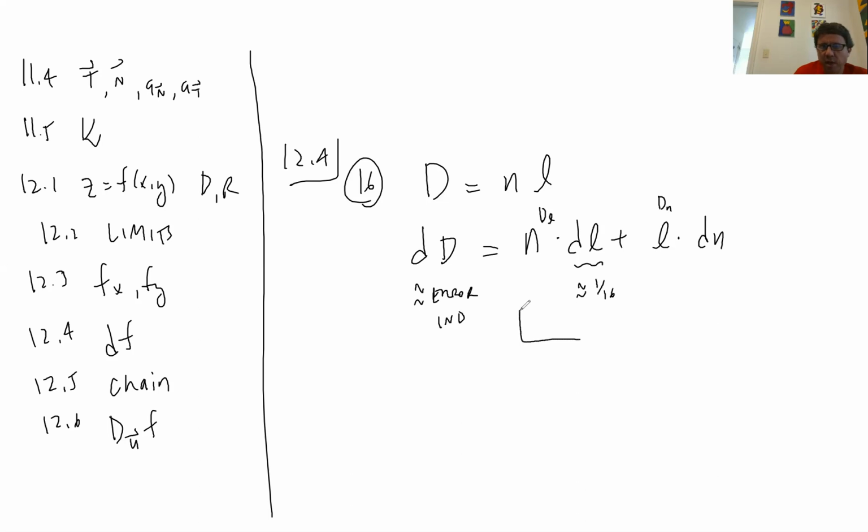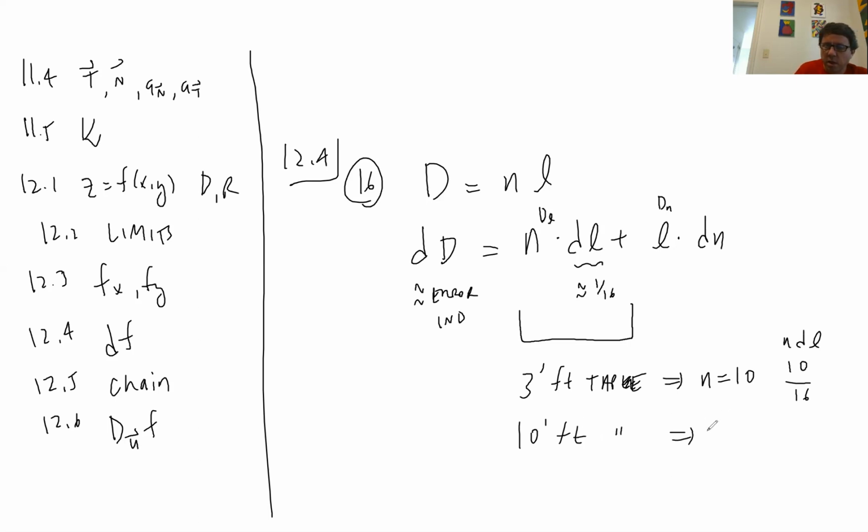But the point, just looking at this term, is if every time we measure we're off by 1/16, then if you use the 3-foot measuring tape, you have to measure 10 times. So that term will end up being 10/16 of the N dL. And if you use a 10-foot measuring tape, then you're measuring 3 times, and therefore the error from that term will be 3/16 total.